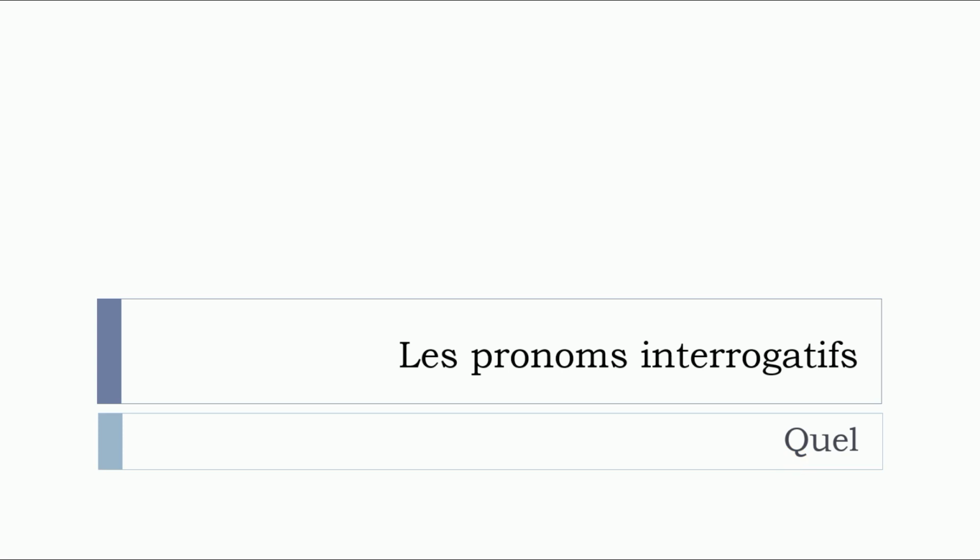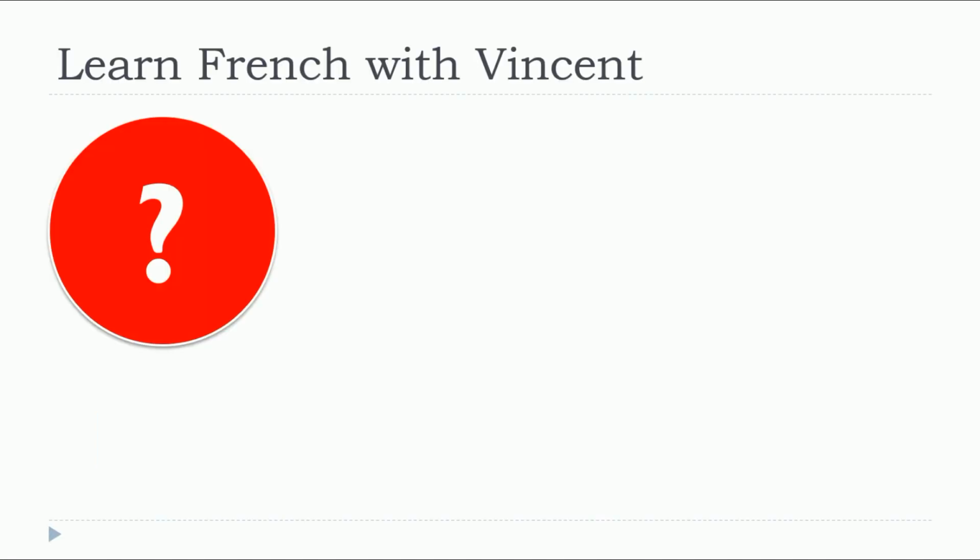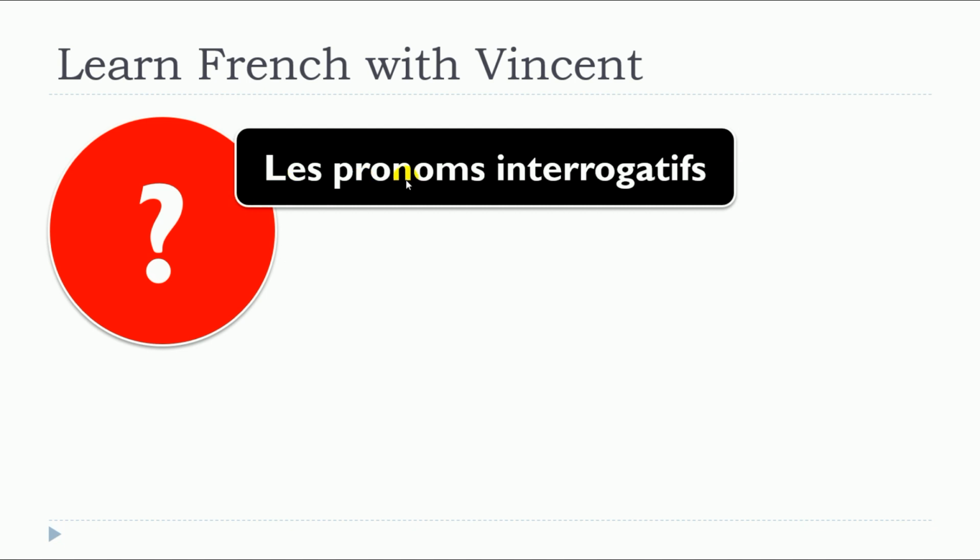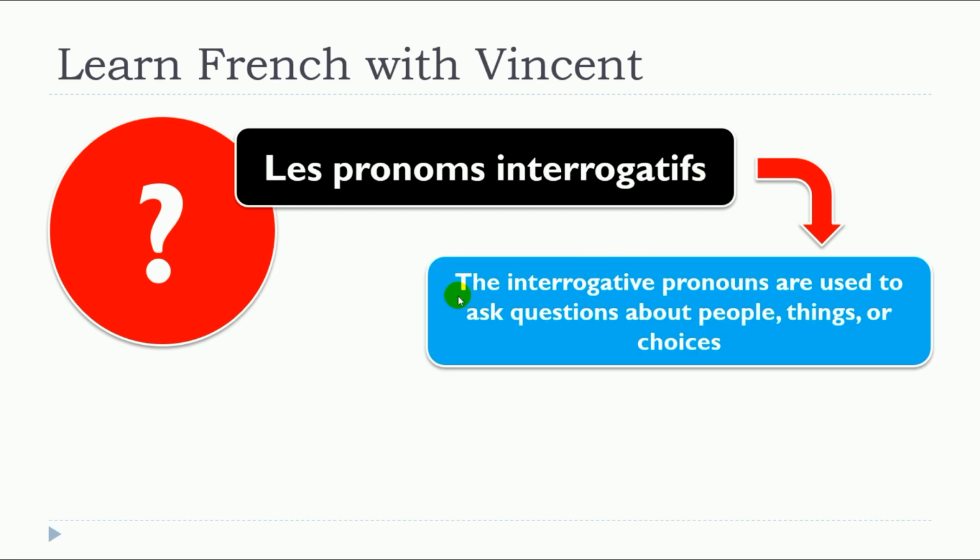In this lesson, we will see together les pronoms interrogatifs, but more precisely, we will see quel. So, what are les pronoms interrogatifs? Well, we'll have two things to answer. That's the first one.